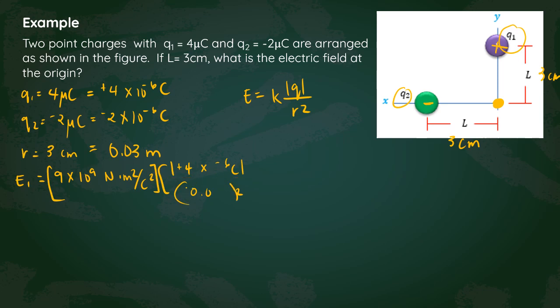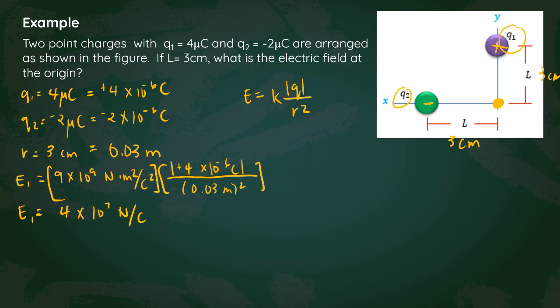And the electric field due to Q1 is 4 times 10 raised to 7 newtons per coulomb.